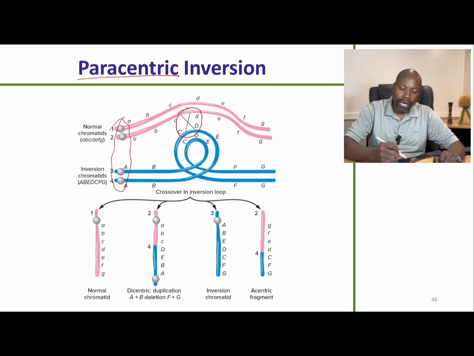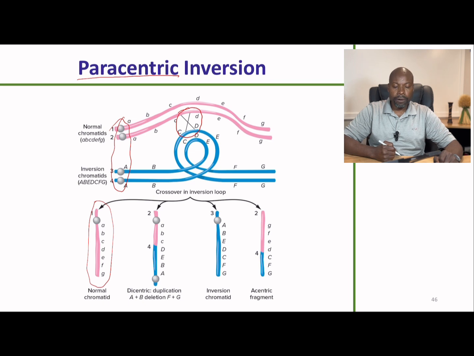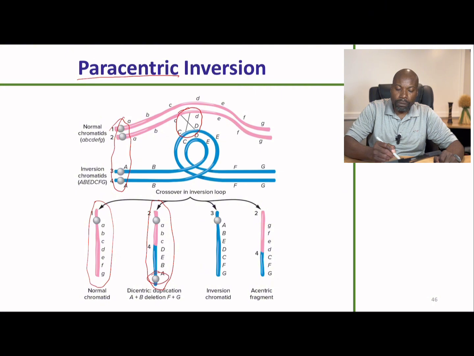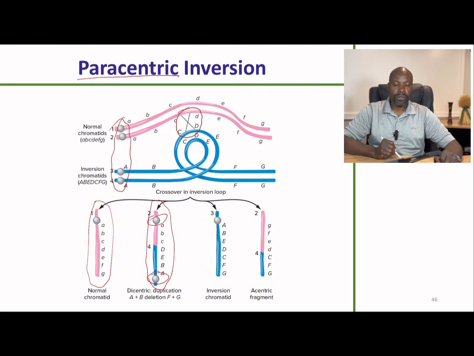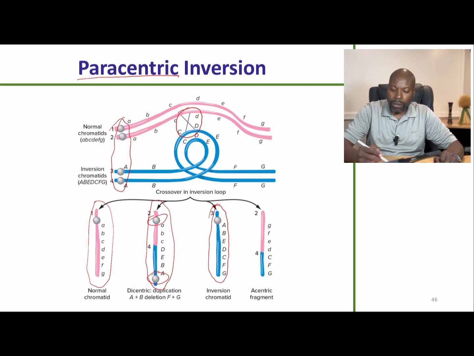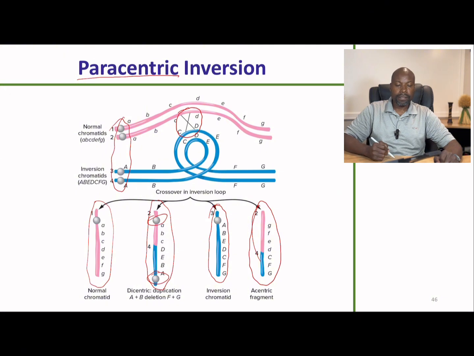We see that, well, we have a normal chromatid here, an abnormal chromatid here with two centromeres, okay? We have a chromatid here with inversion. We have a chromatid here with an acentric fragment, right? The fragment lacks a centromere. Okay?